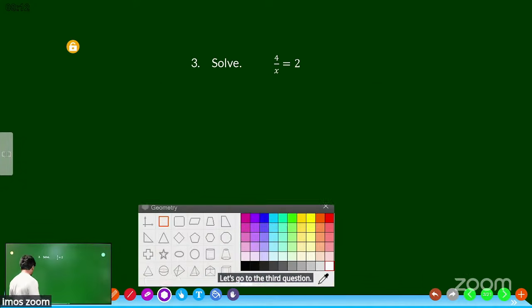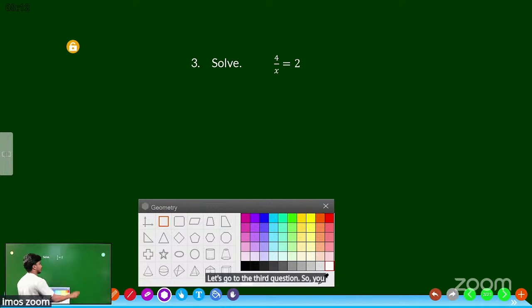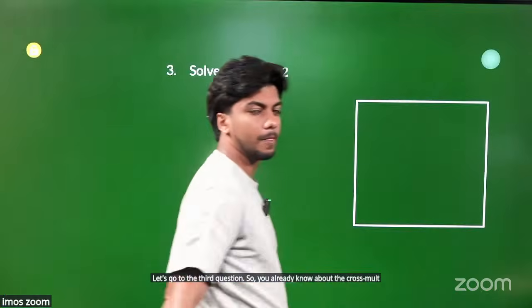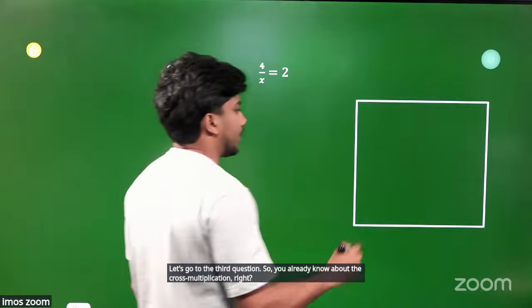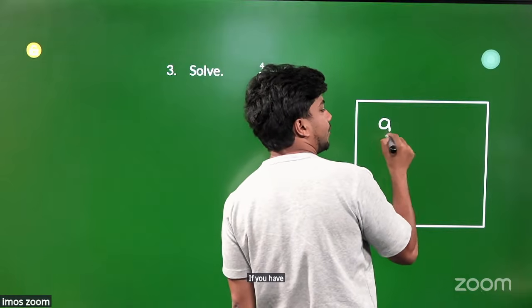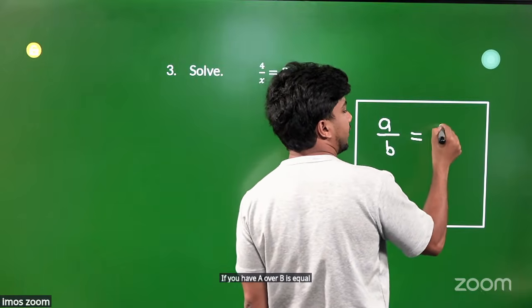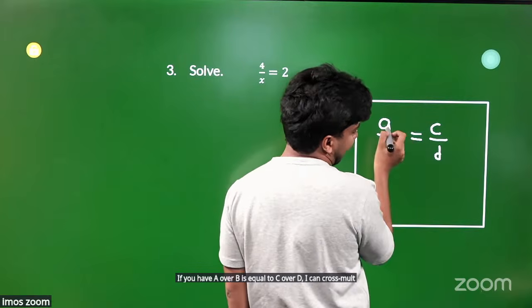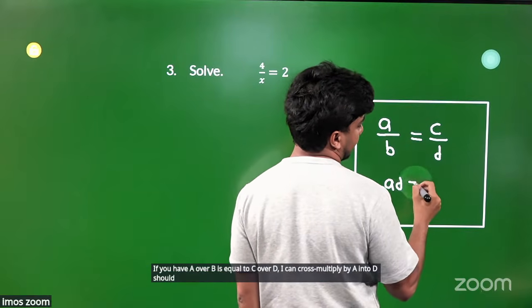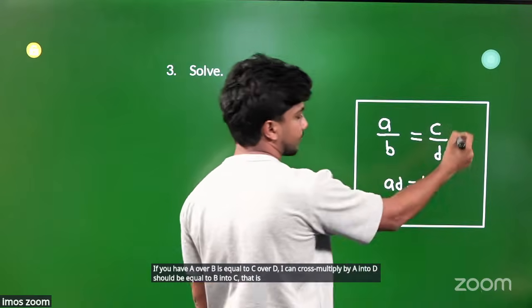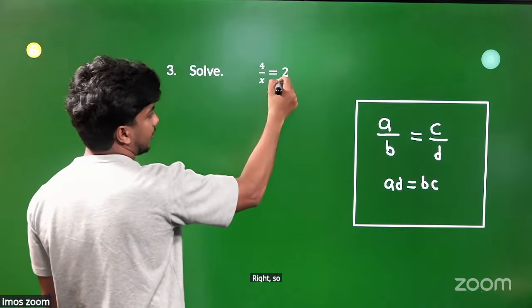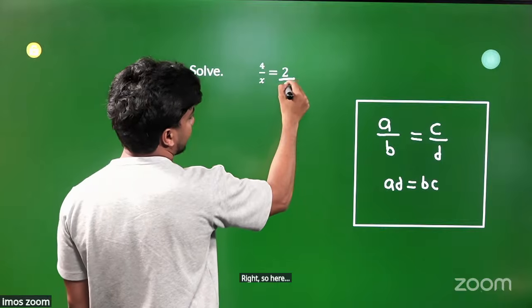You already know about cross multiplication, right? If you have A over B equal to C over D, I can cross multiply: A into D should be equal to B into C. That is cross multiplication. Here, the denominator of any whole number is 1.